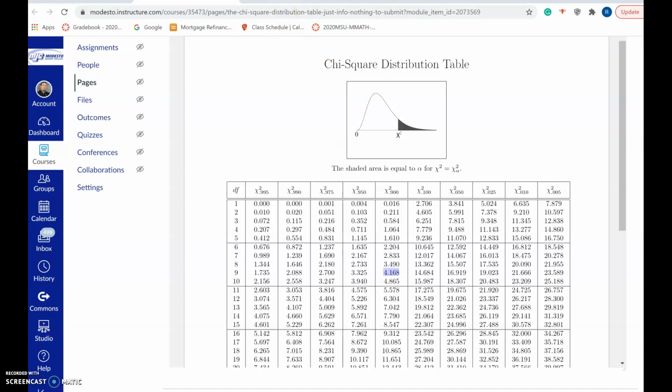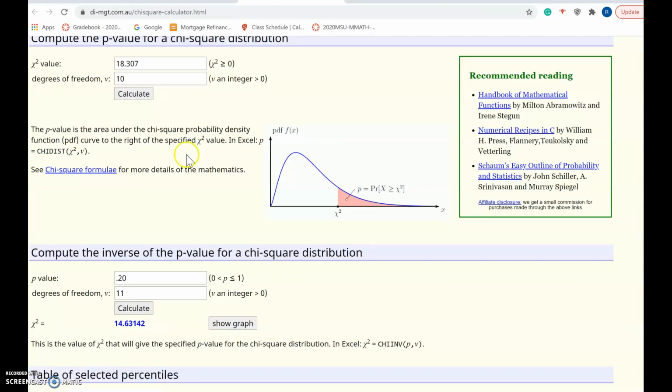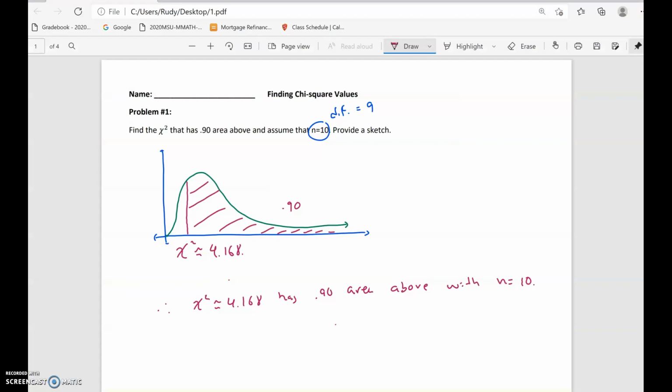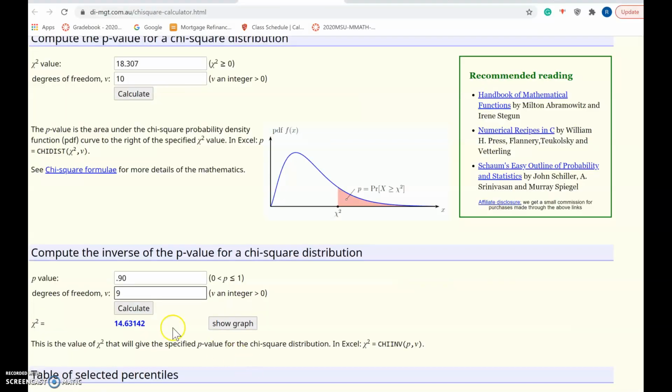Let me show you how to find this value using the online calculator. In this case, you're just going to modify this portion here. So 0.90 and then a total of 9 degrees of freedom. Let me double check. And then you just type it in.